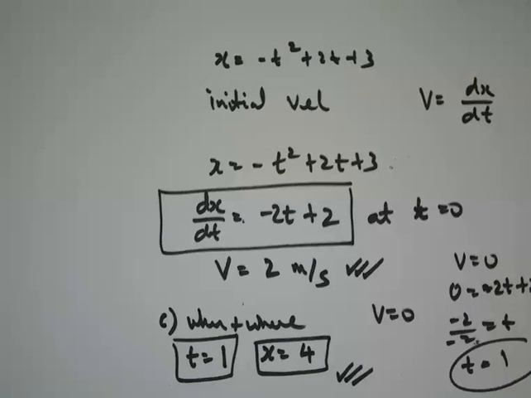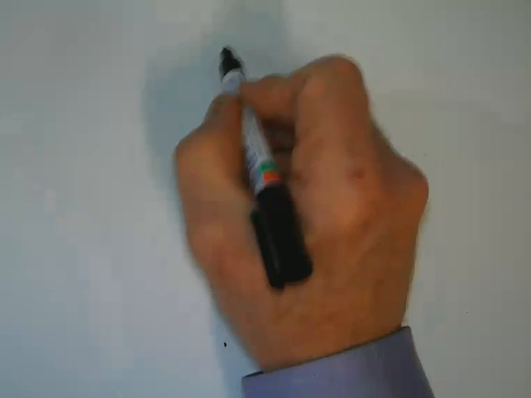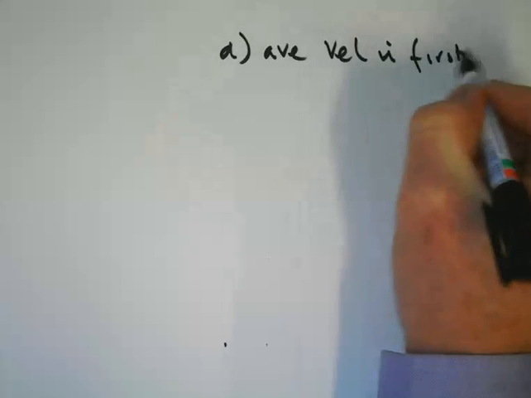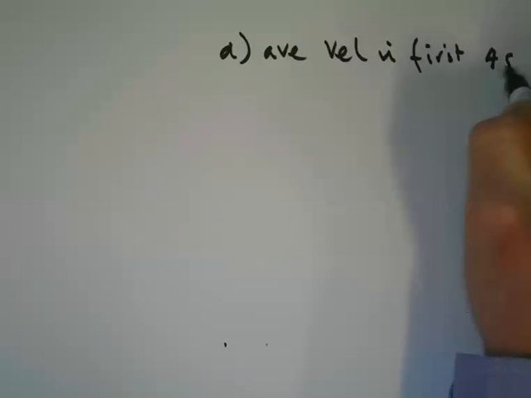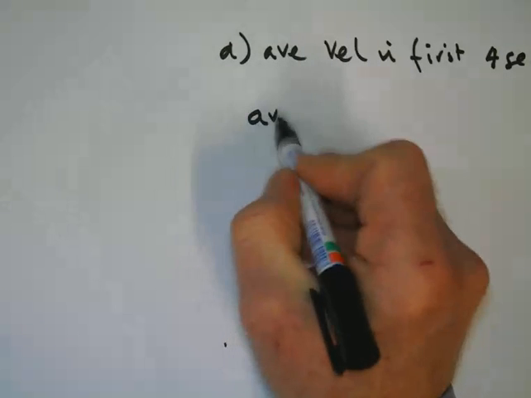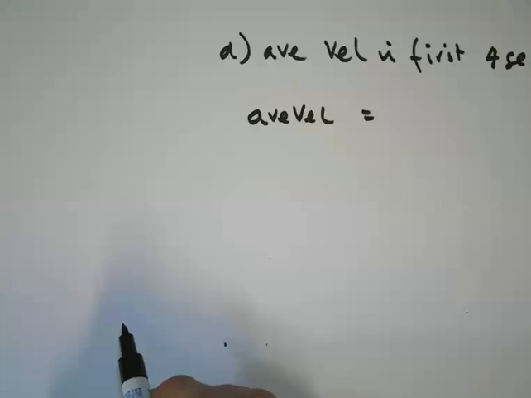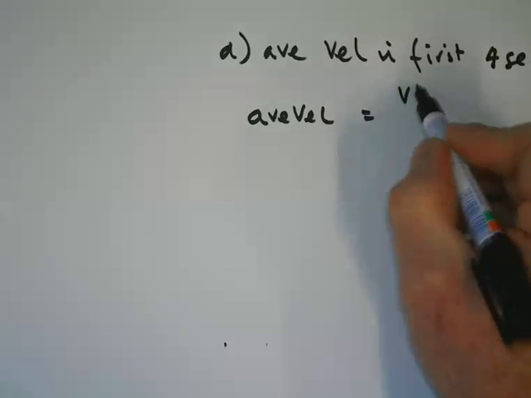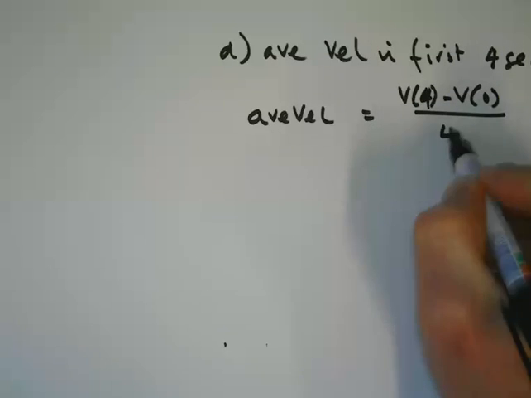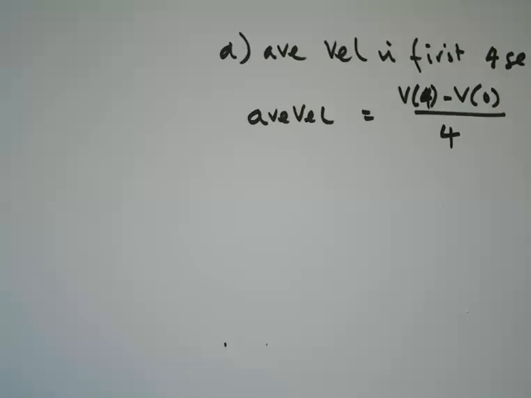Part D. Find the average velocity in the first 4 seconds and the average speed in the first 3 seconds. Average velocity in the first 4 seconds will equal the velocity at time 4 minus the velocity at time 0, divided by 4, or y2 minus y1 over x2 minus x1.